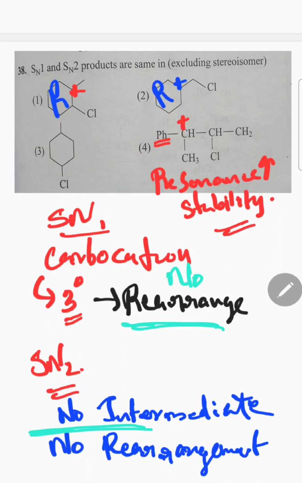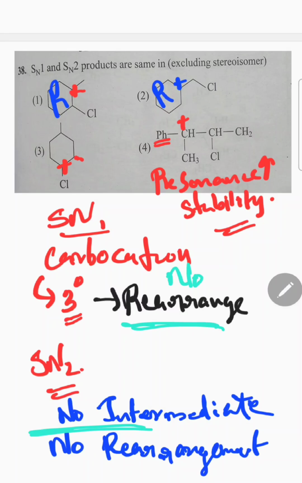Now you come to this third option, carbon chlorine bond. When you break that bond, this region will get which charge? Positive charge. The positively charged carbon is attached to two other carbons, so it's a secondary carbocation. You may think that a shift happens. What will be the product?